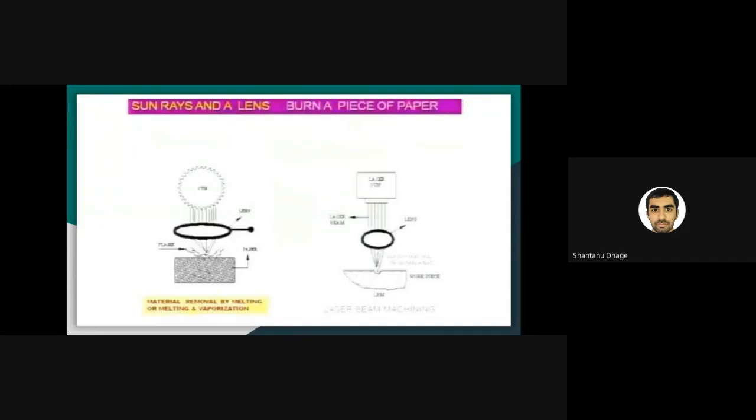So this tells you in brief that the working principle of laser beam machining is that you are utilizing the heat produced by the laser beam.